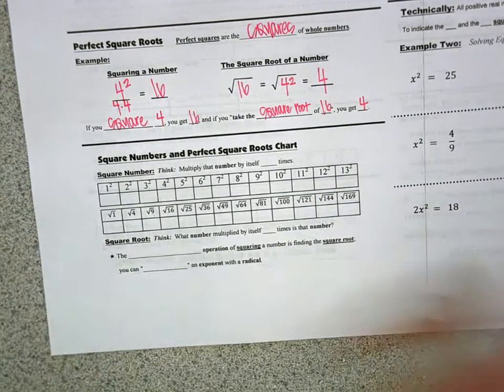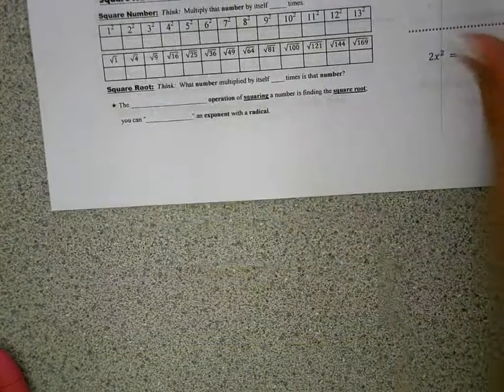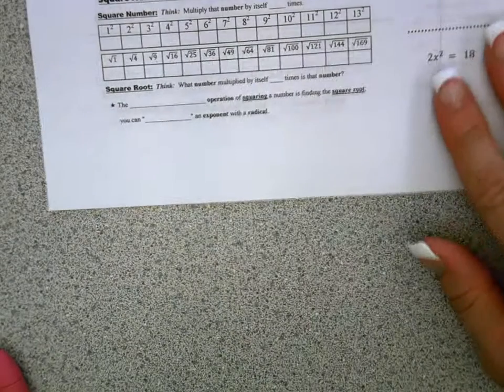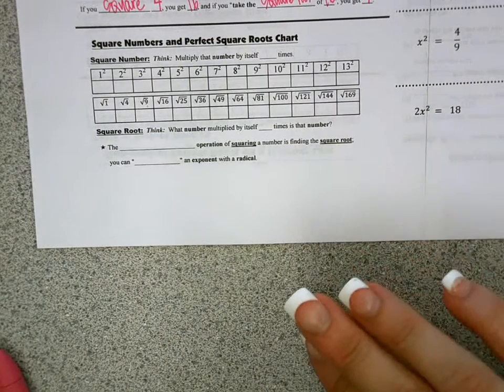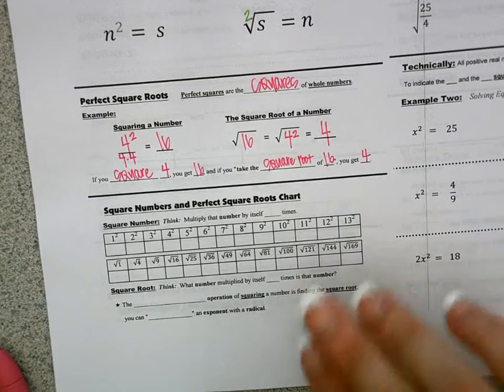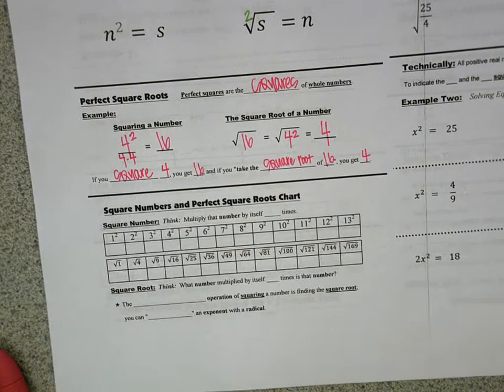So they go hand in hand. If you know your squares, you probably already know your square roots by default. So, I want you guys to fill in this chart of perfect squares and perfect square roots, please.